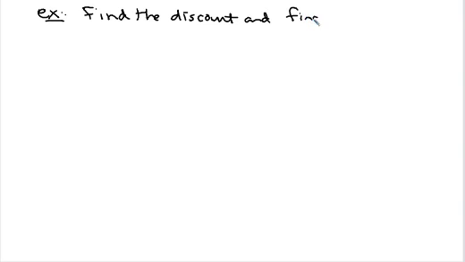What if it's a discount problem? I think this is the other type of problem. Find the discount and the final or the sale price. This is still just a basic calculator problem.